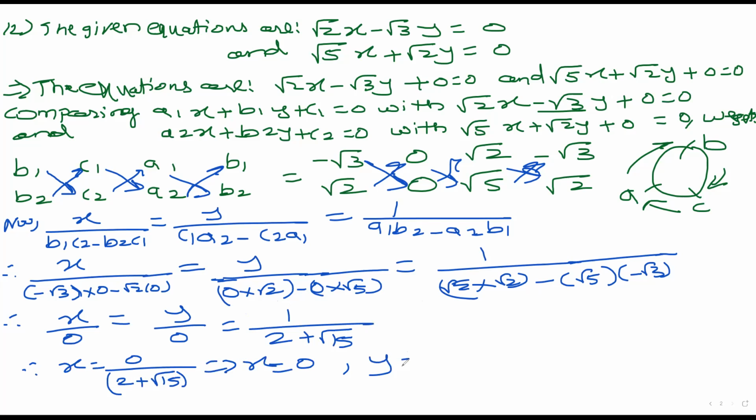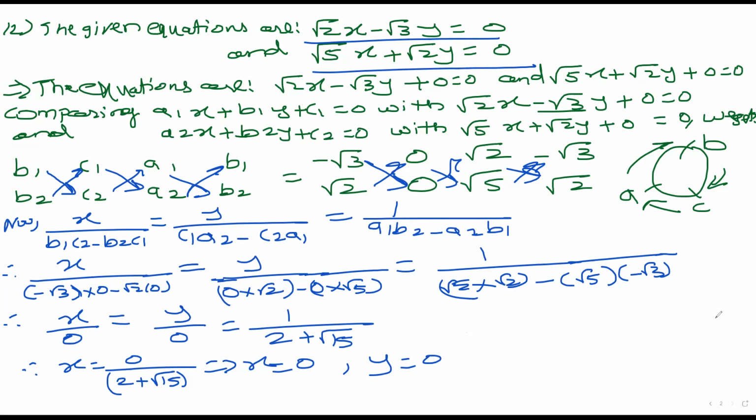Similarly, y is also 0. But is it correct to say x is 0 and y is 0? No, sir. Then what is the solution of this? Please try to understand. These two lines have no solution. What do you mean by that?